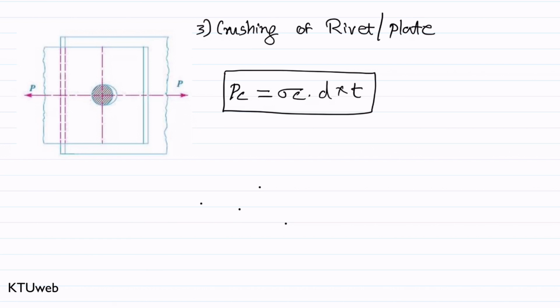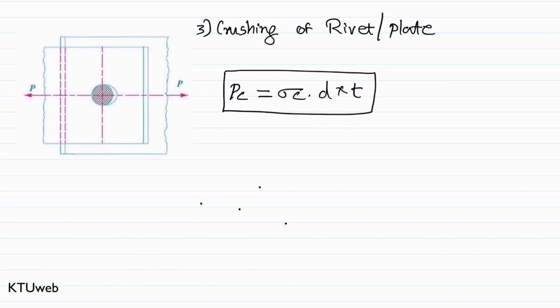Same as in the previous case, suppose you have N1 number of rivets with a single shear and N2 is the number of rivets with a double shear. Hope you remember, the number of rivets with double shear will be equal to the number with double crushing. If a rivet is under double shear, definitely it will be under double crushing as well.